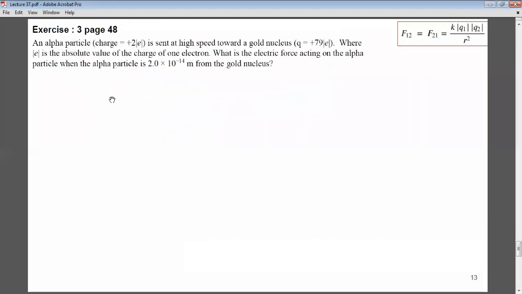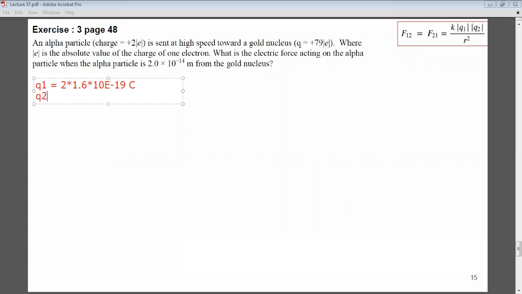The last exercise we will do together today. An alpha particle has a charge of 2 electrons. So Q1 is equal to 2 times the absolute value of the electron charge, so 2 times 1.6 times 10 power minus 19. This is the first one.